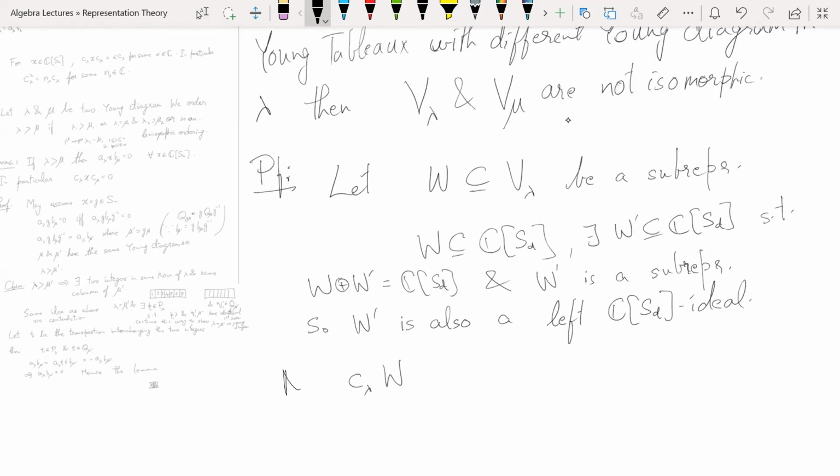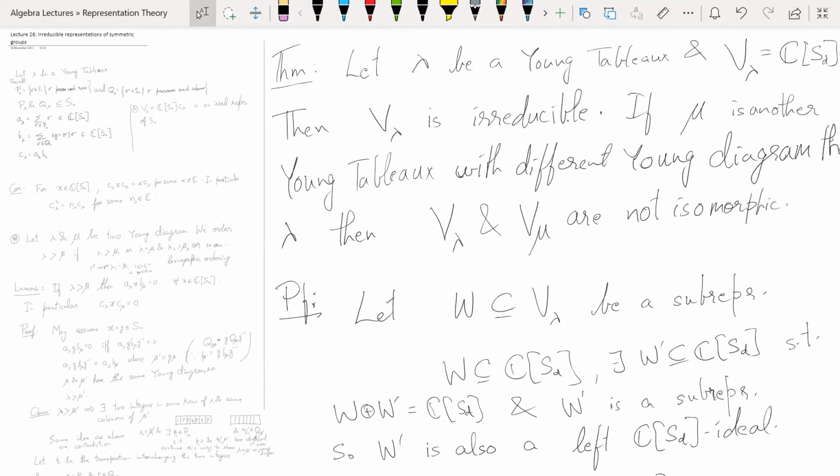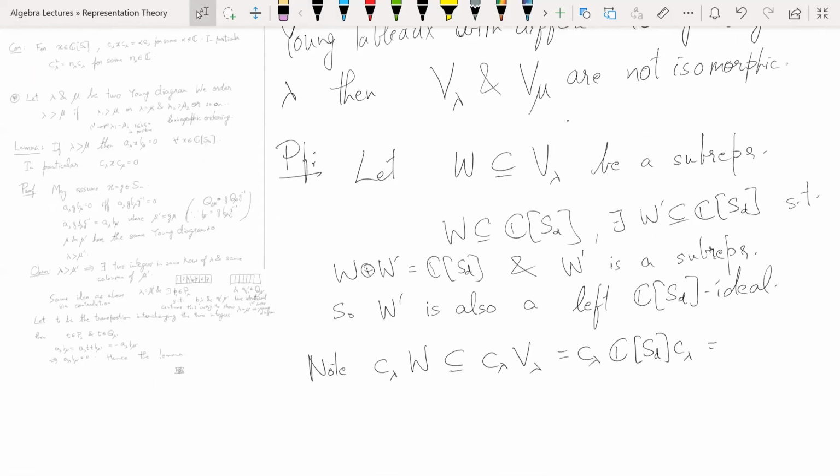Note C lambda times W is of course contained in C lambda times V lambda, which is equal to C lambda CST C lambda. And what is this? Remember, if you sandwich any element between two C lambdas, you get a complex number times C lambda. So this is nothing but C times C lambda. So this becomes a one-dimensional subspace of CST.